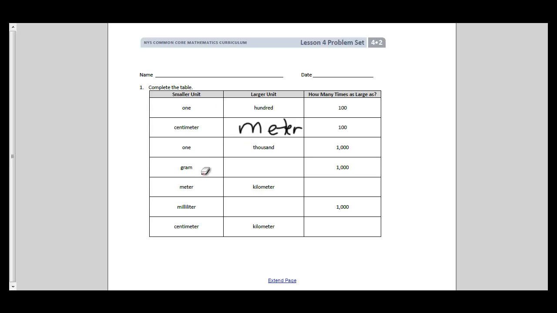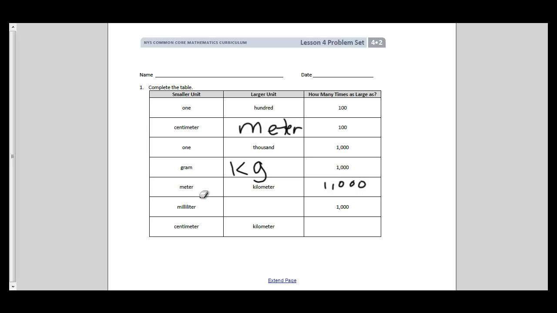So if the smaller unit is a 1 and the larger unit is 1,000, we can think of that as the same relationship as grams and kilograms. Because a kilogram is 1,000 times greater than a gram. So if this is a meter and this is a kilometer, it's 1,000 times as large.